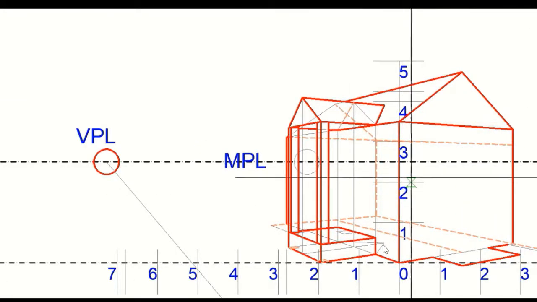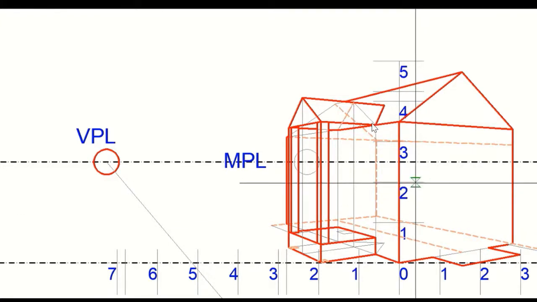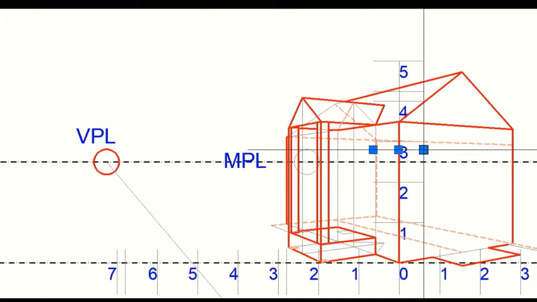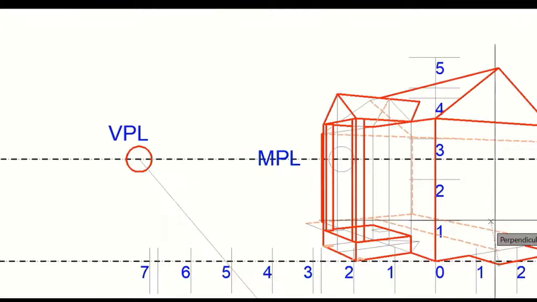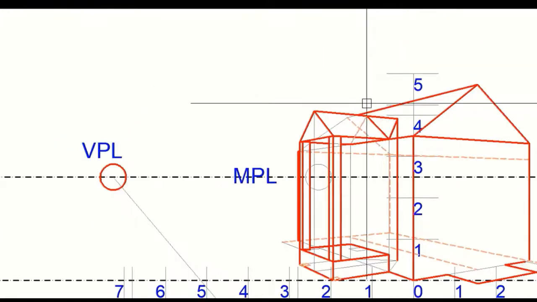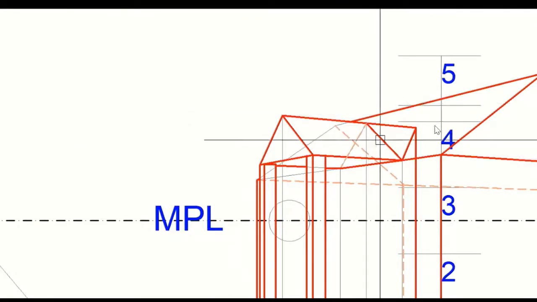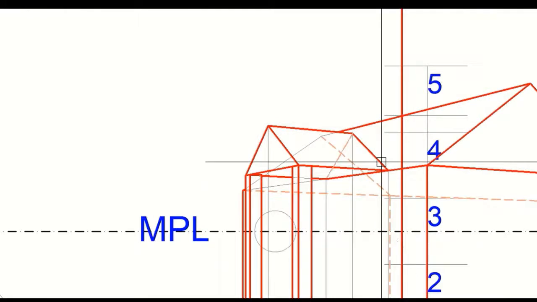And taking this as a point, wherever it meets this line, we'll join this to this. Like this. Like this, we've taken this line and joined this to this.